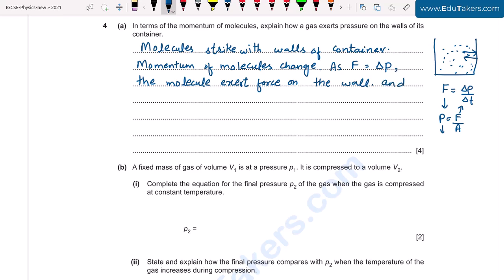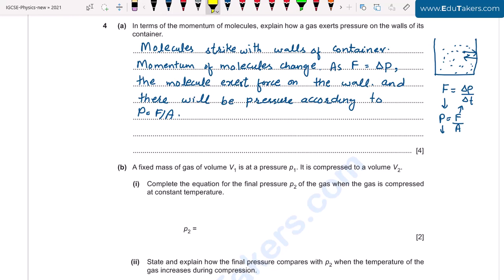And there will be pressure according to P is equal to F over A. So in this way the gas exerts pressure on the walls of the container.